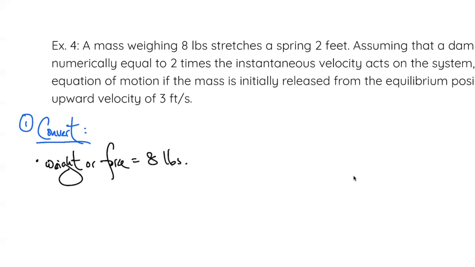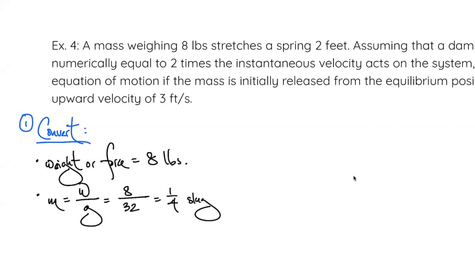So I have to convert to the slug, so I can actually use that value as my mass. From yesterday, we might remember that mass equals the weight over gravity. So we'll get 8 over 32, or a quarter slug for that mass. And that is the m value that we can use in the following parts.